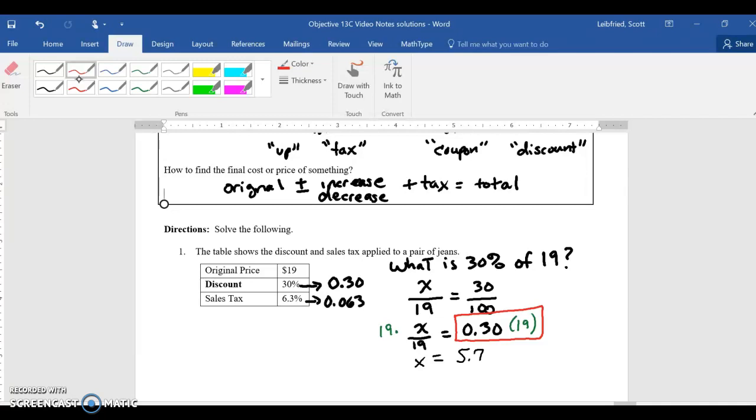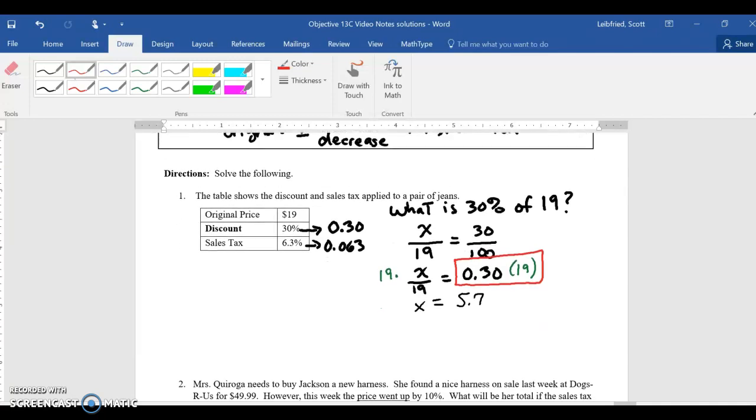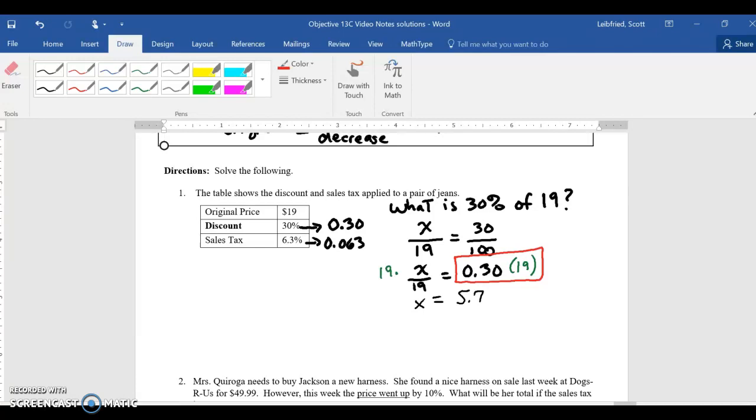So the first thing we have to do is we have to take 5.7, which is basically our discount. And then what we have to do is we have to subtract that from our original.